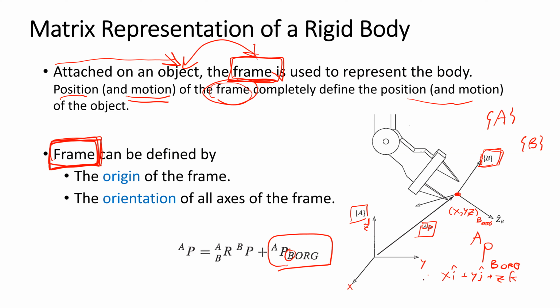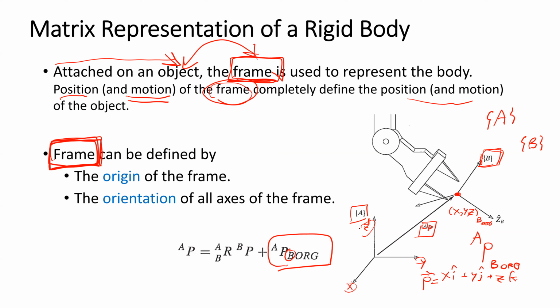If we write the position in terms of the vector, the position vector of the B origin can be described in terms of the vector XYZ in the unit vectors i, j, k, which correspond to the XYZ directions.